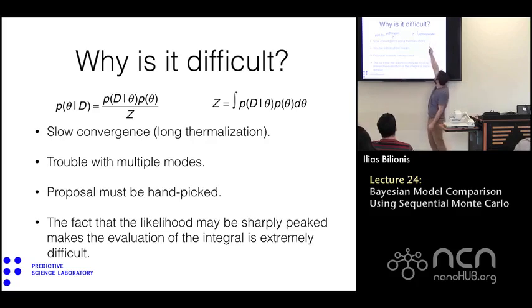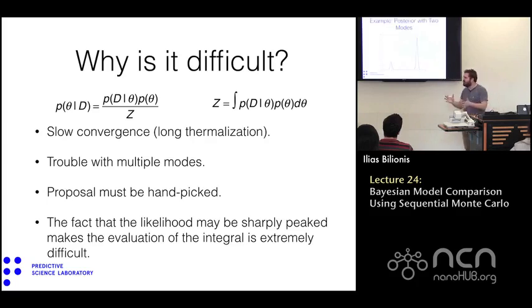So if you sample, let's say, from the prior trying to estimate the integral, you're going to mostly get zeros. Maybe sometimes you will fall inside the peaks, but it is very unlikely. And actually, the more data you have, the less likely it is to fall inside the peaks.